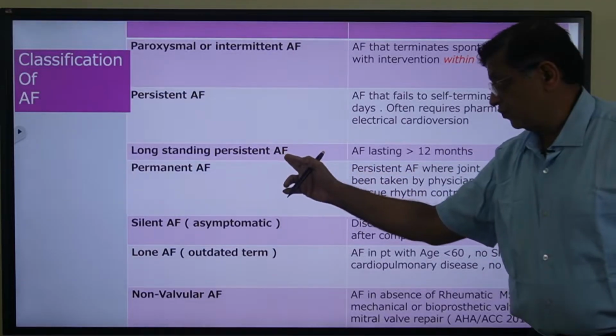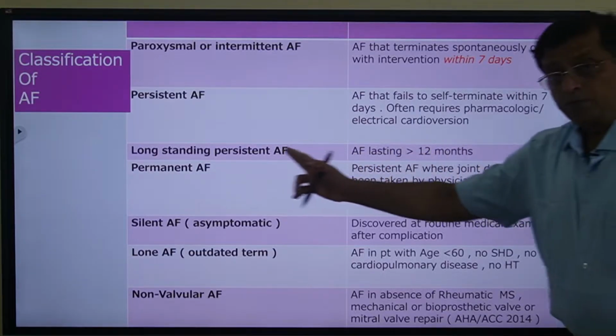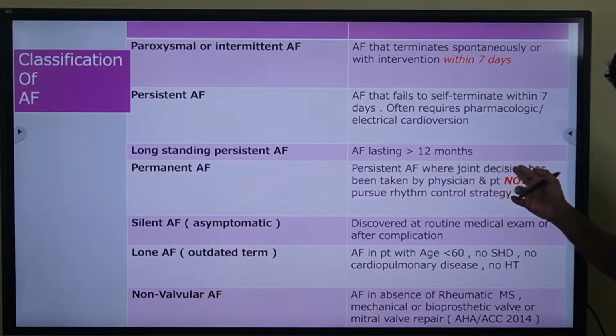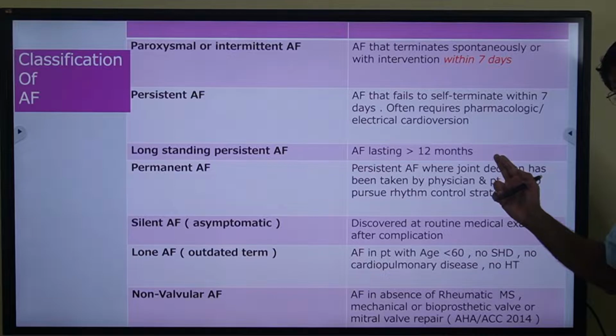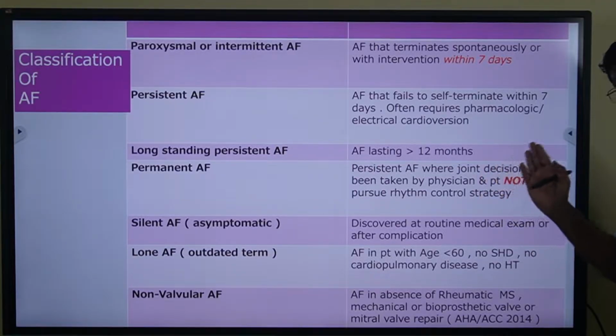Long-standing persistent AF is AF lasting for more than 12 months. Permanent AF is a persistent AF where a joint decision has been taken by the physician as well as by the patient not to pursue rhythm control. That is, only a rate control strategy is being followed.